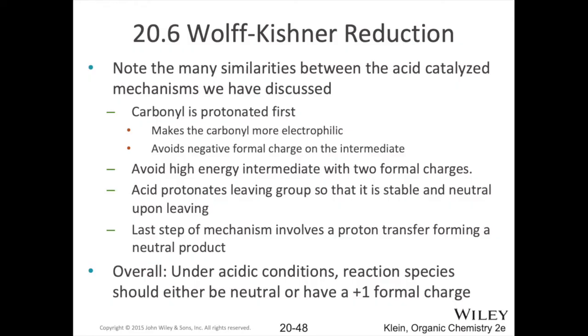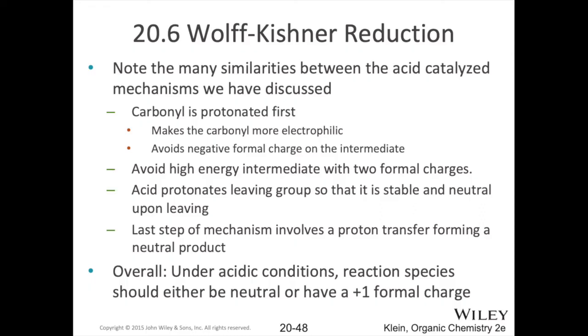All right. So generally speaking, a good rule of thumb when you are writing out your mechanism is try to avoid things with too large or too many formal charges. So basically, try and keep things either neutral or within one formal charge. And more importantly, because you're doing this under acidic conditions, if you do have formal charges, it helps to have them be positive formal charges.